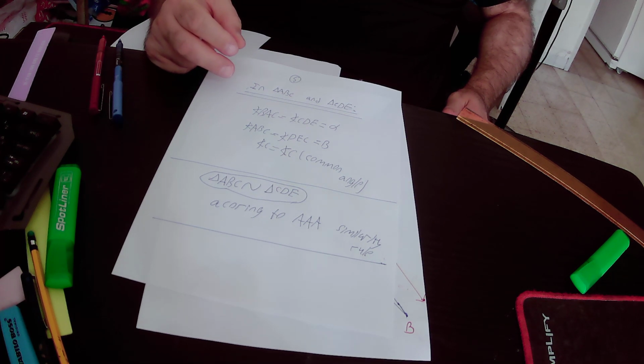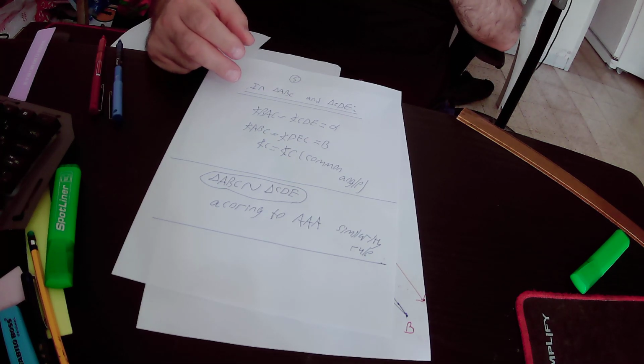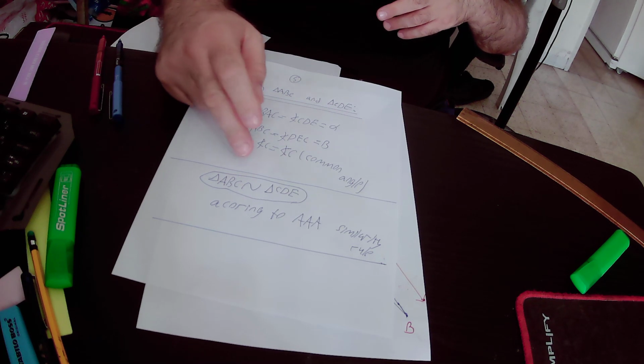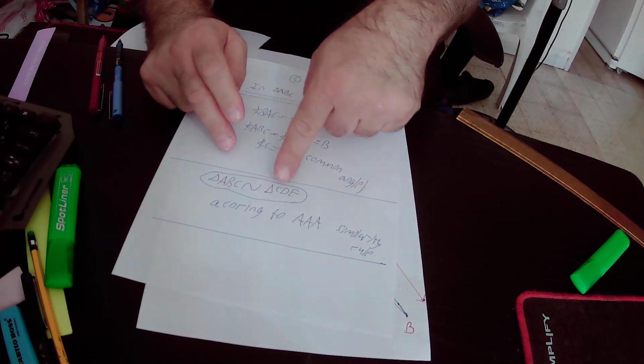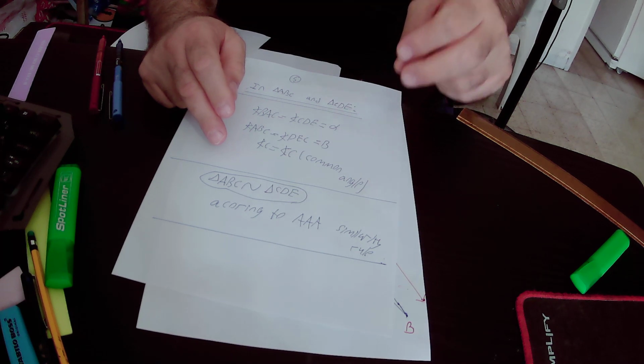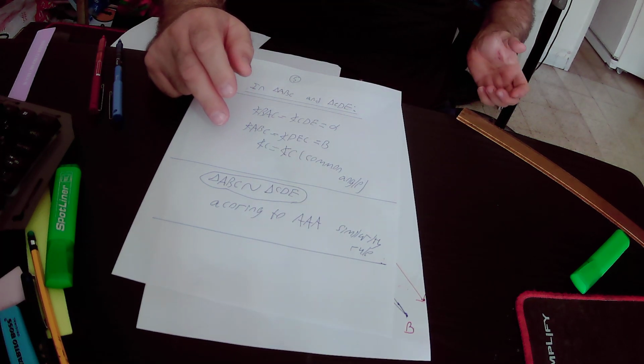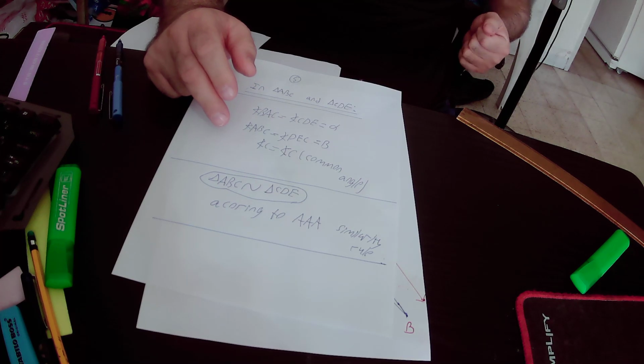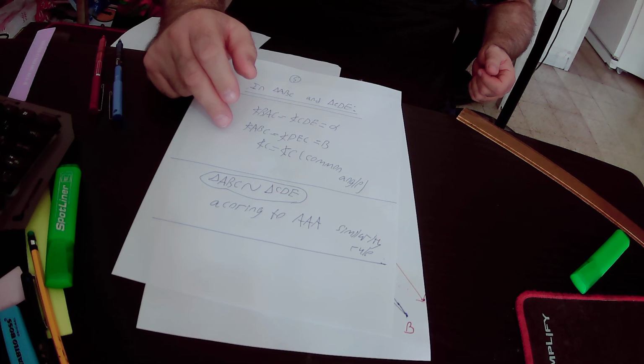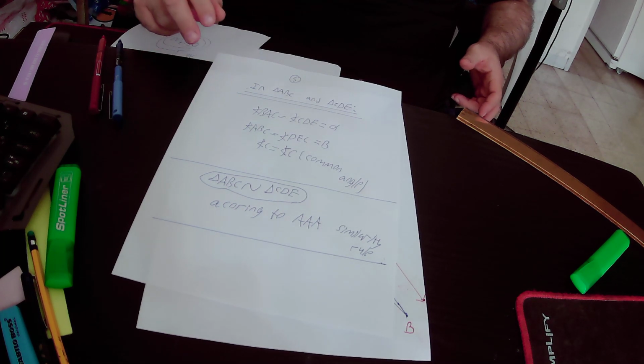Therefore, triangle ABC is similar to triangle CDE according to angle similarity rule. And what is angle similarity rule? If you prove that the three angles of one triangle are correspondingly equal to the three angles of another triangle, then those two triangles are similar to each other according to angle similarity rule.